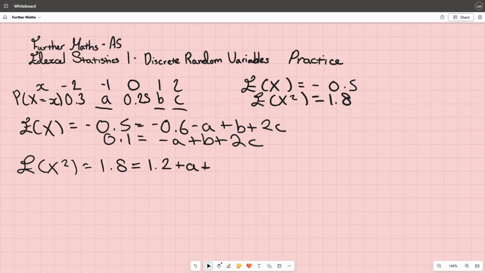Plus b plus 4c. And so we can minus 1.2, so that's 0.6 is equal to a plus b plus 4c.